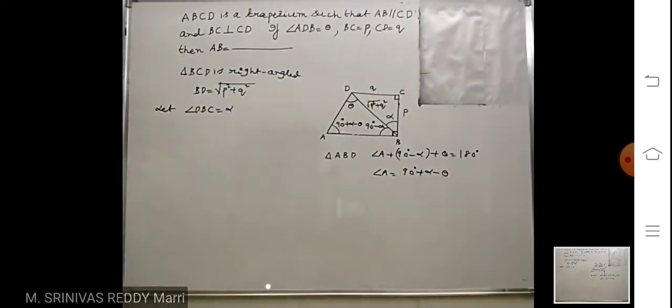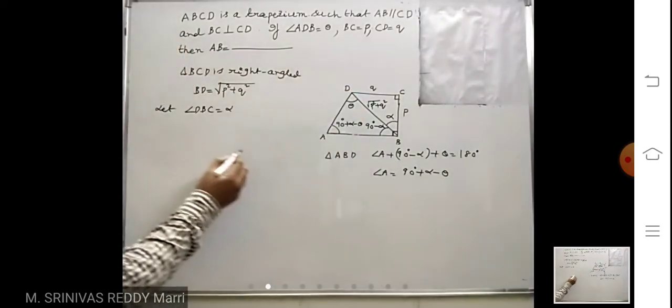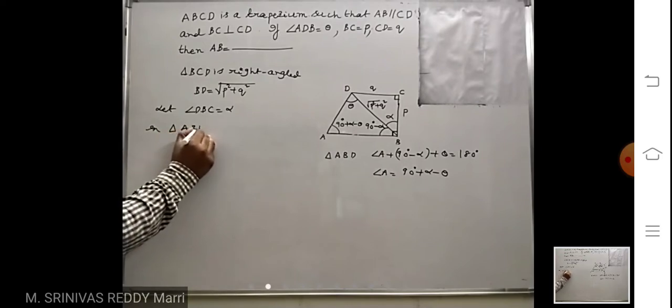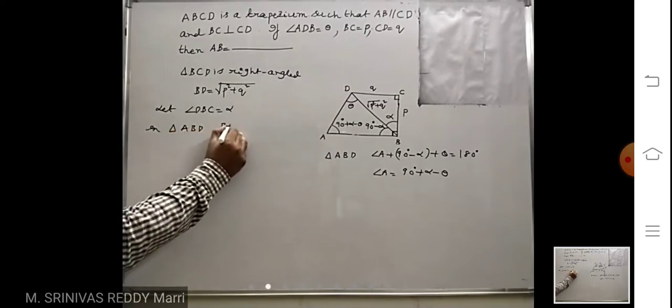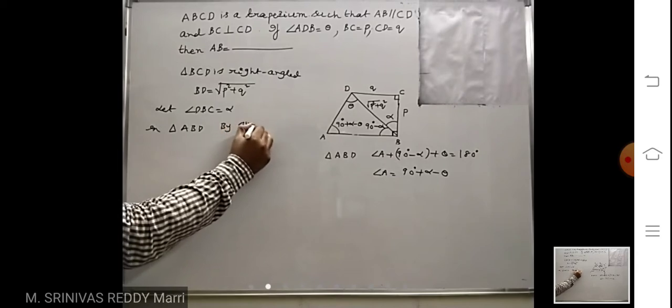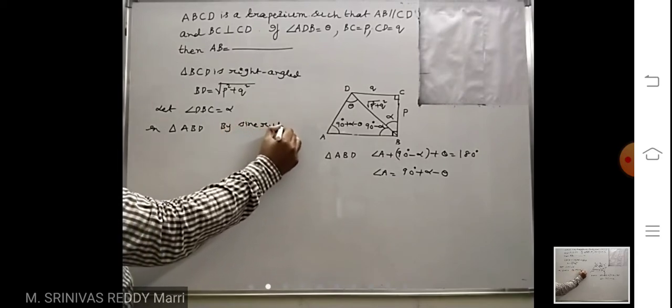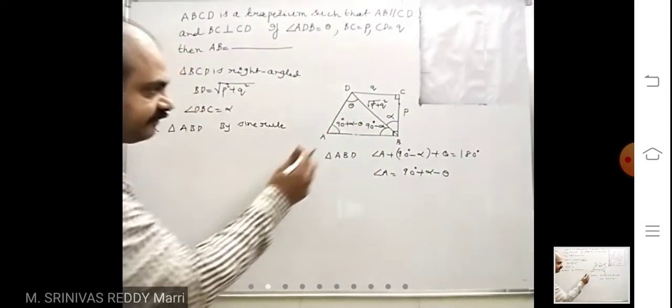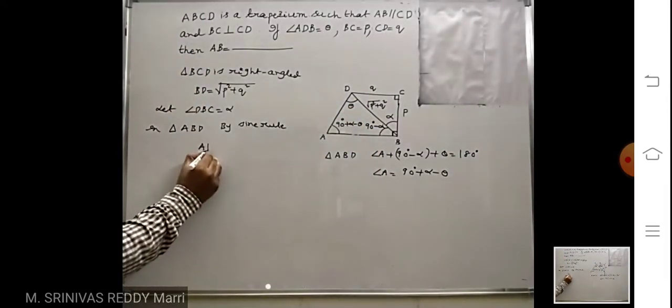Now in triangle ABD, I am applying the sine rule. By the sine rule, what does it state? The side length divided by sine of the opposite angle.